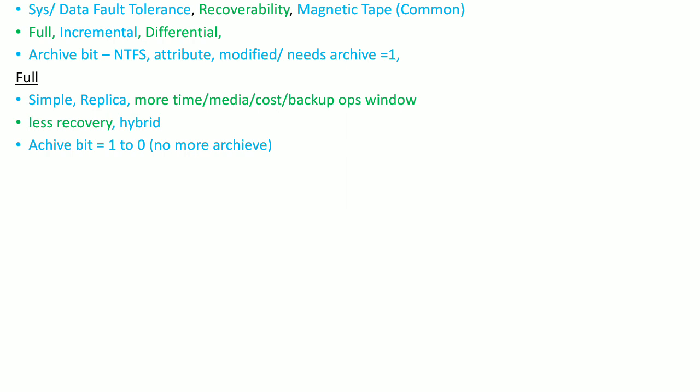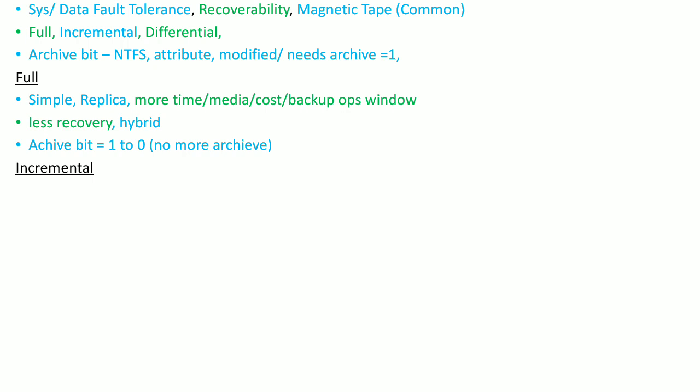It means that the file is now archived and does not need to be collected or archived anymore. But later on, if this file is modified again, then the archive bit is again set to 1.